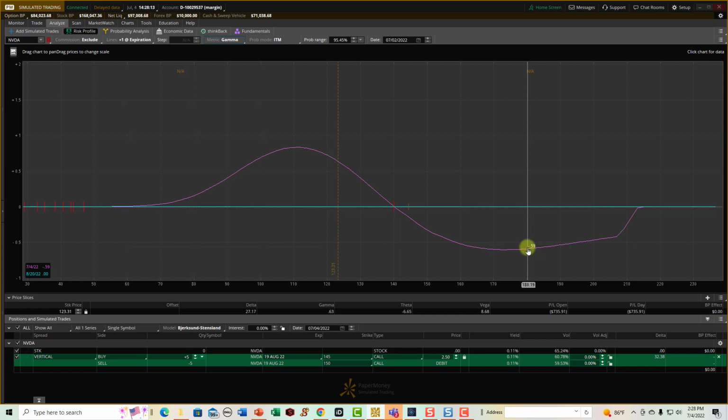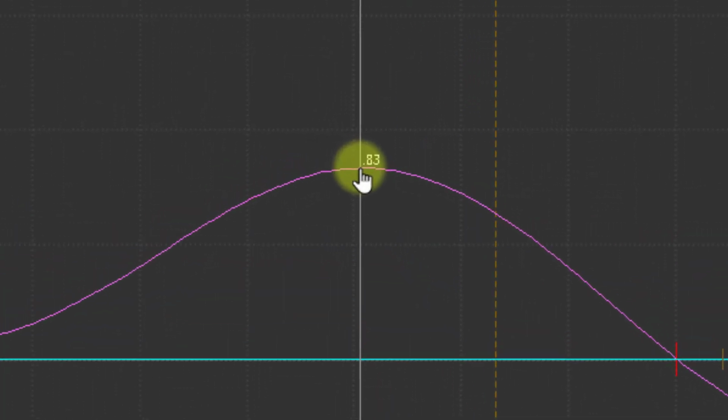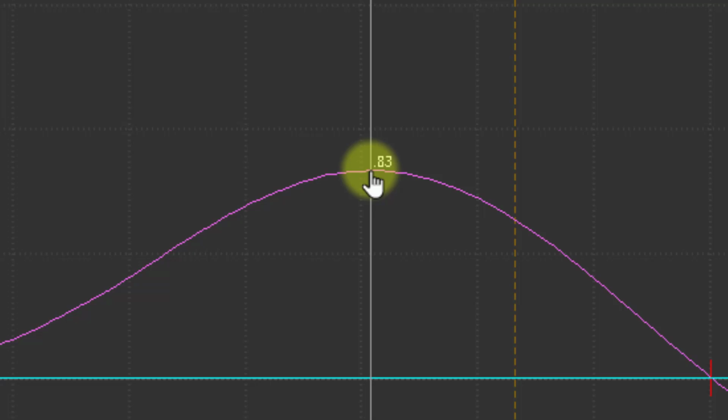So what are some ways we could use this? Well, there's lots of different ways, but let me show you a few. One question I might have is, where is my maximum positive gamma for today? Well, I'm going to look wherever this purple line is above 0 and where it's the highest. So notice that it shows about 0.83 is the gamma.